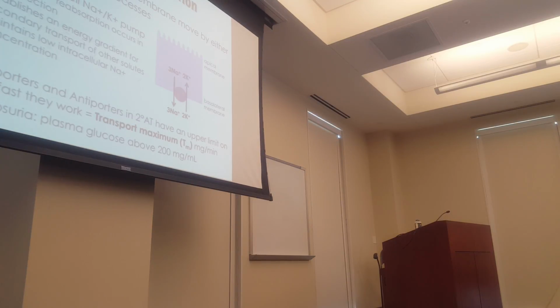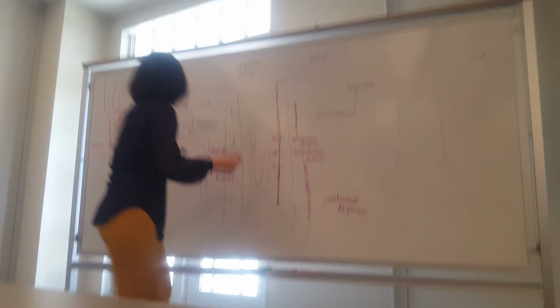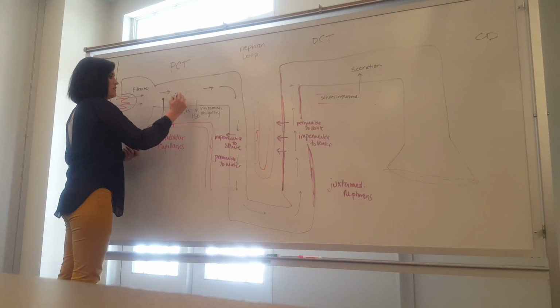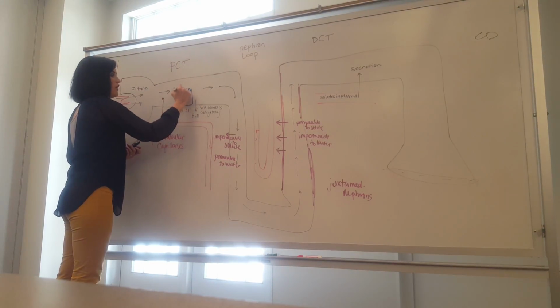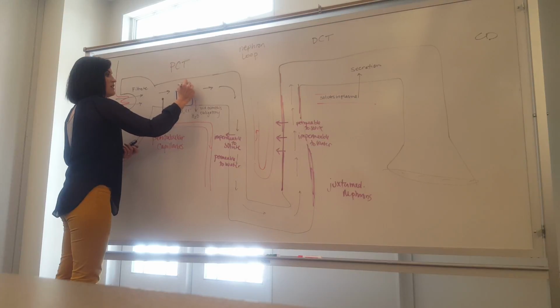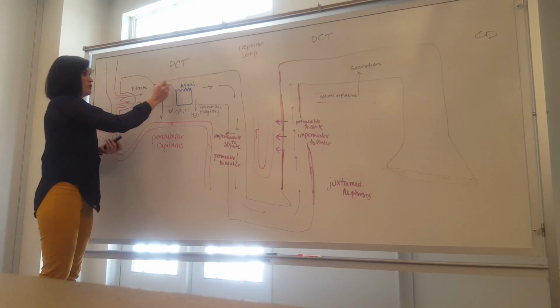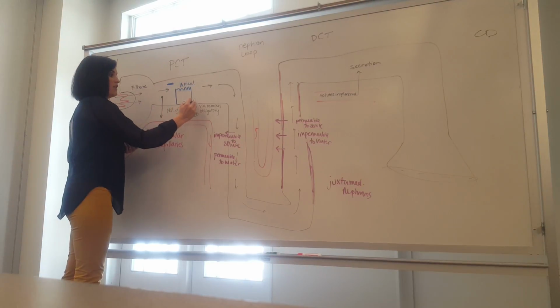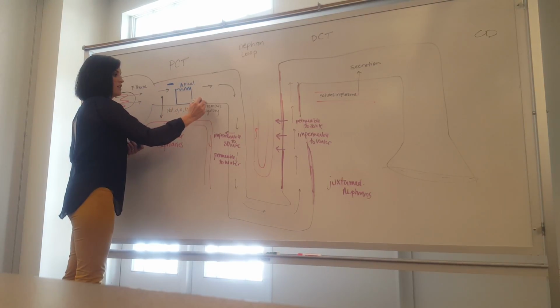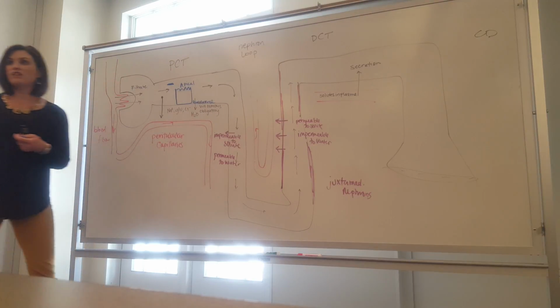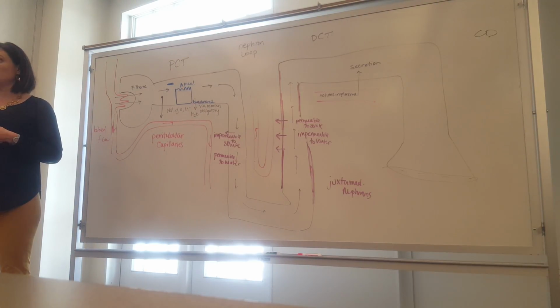All right, it's facing the peritubular capillaries, okay? So the apical surface is facing the lumen. So this would be your lumen, the inside of the nephron, and the basolateral surface is facing the peritubular capillaries.